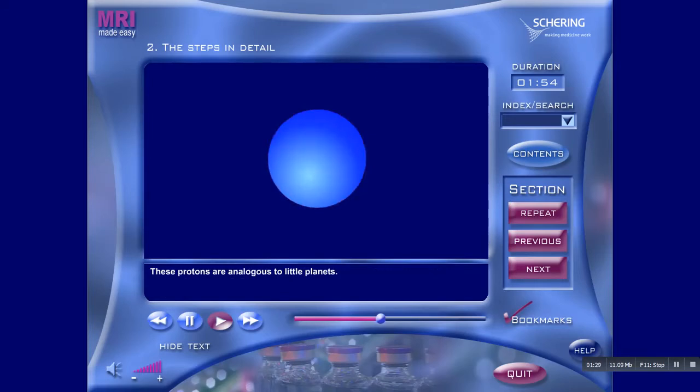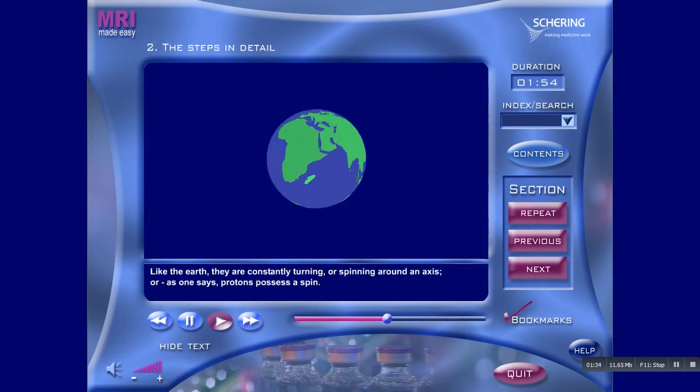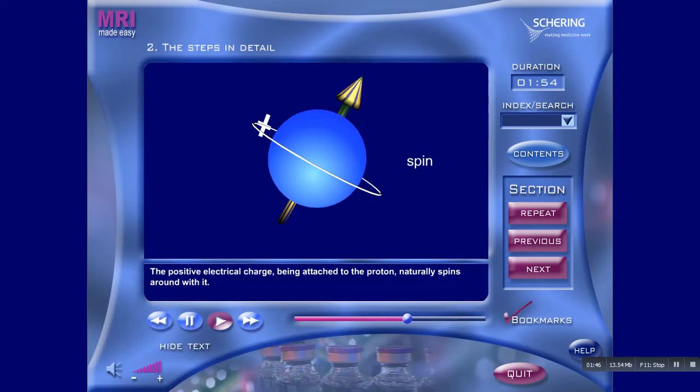These protons are analogous to little planets. Like the Earth, they are constantly turning or spinning around an axis. Or, as one says, protons possess a spin.